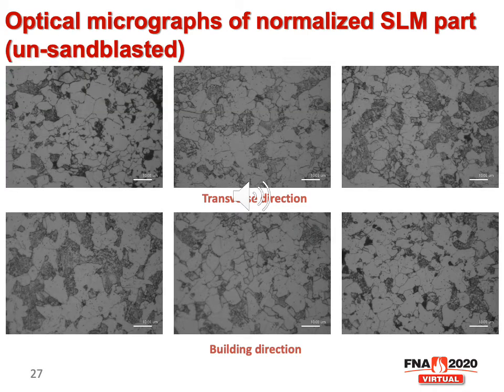This slide shows the microstructure of the normalized selective laser melted part, which was not sandblasted after the deposition. You can see the microstructure is similar to that of the sandblasted selective laser melted part, which is easy to understand because sandblasting only affects the surface, it couldn't affect the core.